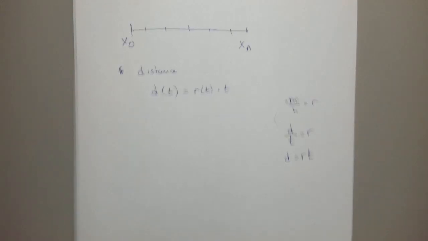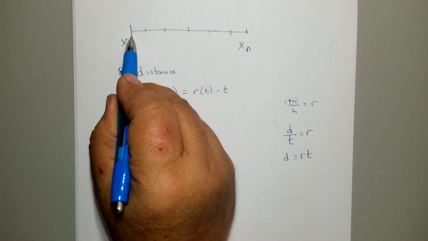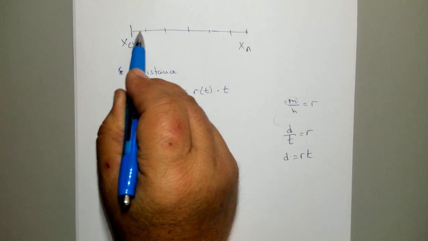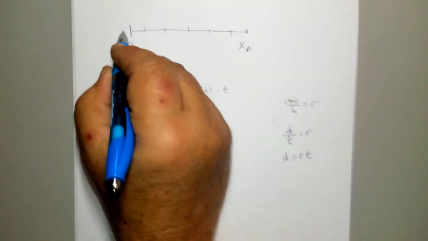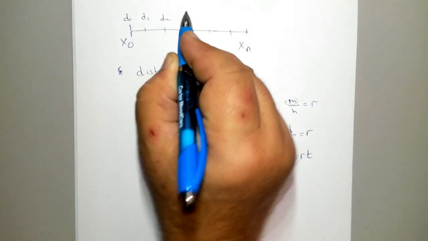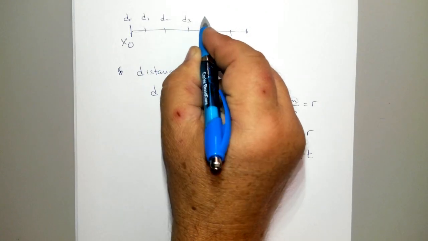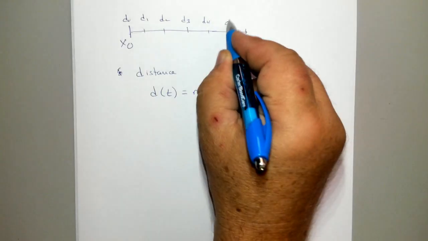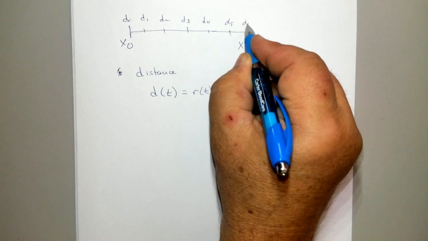The time traveled. So in order what you have to do, you'd have to subdivide these distances. This is distance 0, this is distance 1, distance 2, distance 3, distance 4, distance 5, and distance 6.